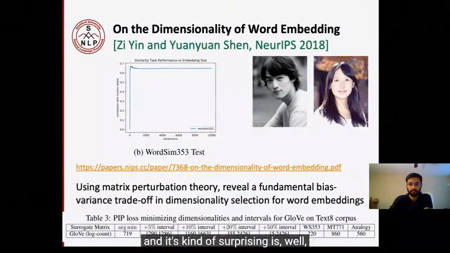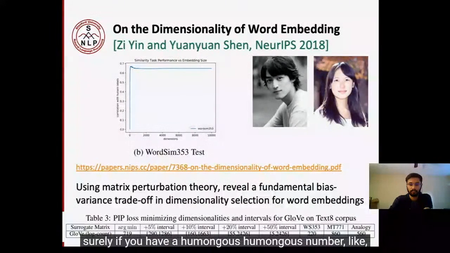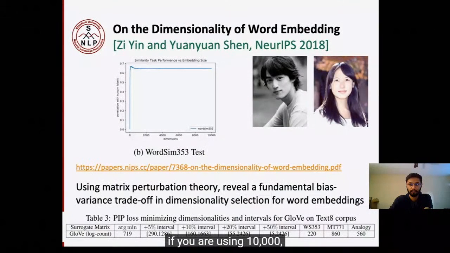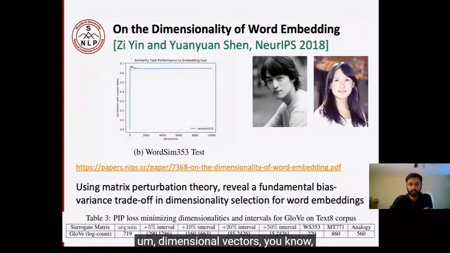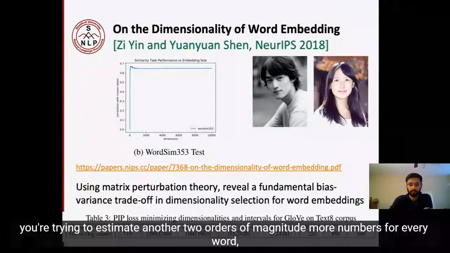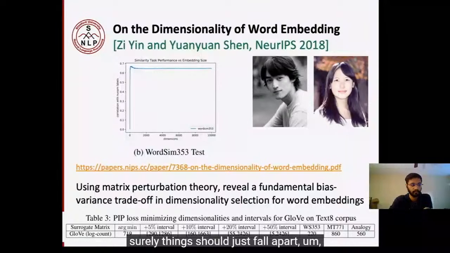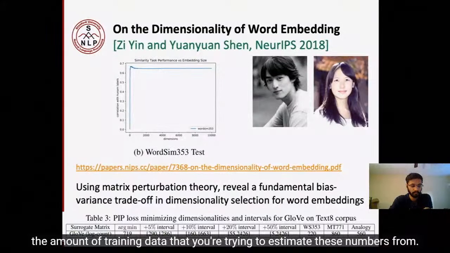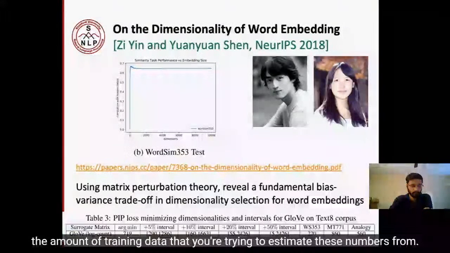But the thing that they were doing a lot of their theory about, and is kind of surprising, is, well, surely if you have a humongous number, like if you're using 10,000-dimensional vectors, you're trying to estimate another 2 orders of magnitude more numbers for every word. Surely things should just fall apart because you've got hopelessly many parameters relative to the amount of training data you're estimating these numbers from.